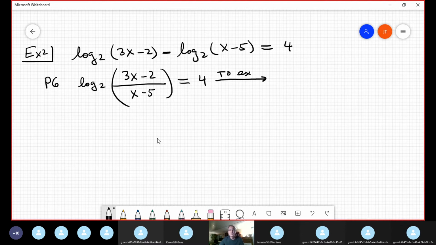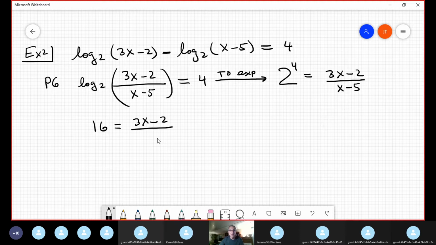A statement. The base is 2, big 2. The exponent is 4, small 4, is equal to 3x minus 2 over x minus 5. Okay, 2 to the 4 power is 16. So in this moment we have, I suppose, a linear equation.